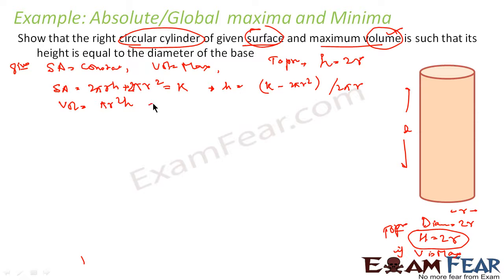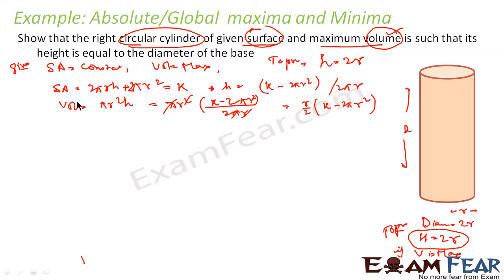So this becomes pi r square into h, where h is k minus 2 pi r square by 2 pi r. Pi cancels, r square cancels. This is nothing but r by 2 into k minus 2 pi r square. This is my volume in terms of r.